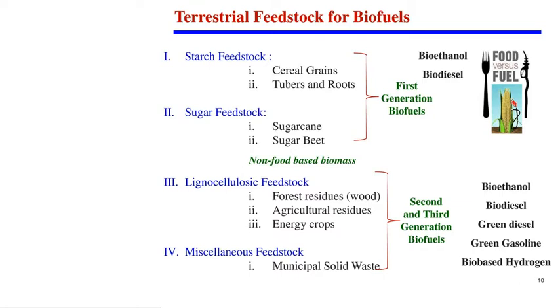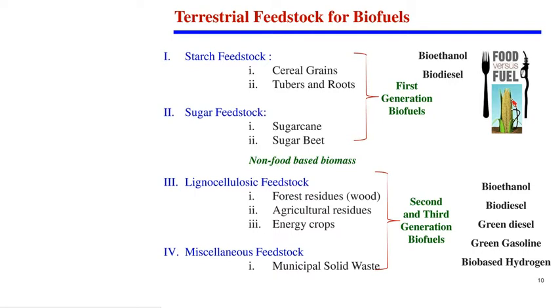Because if we start using these items for making biofuel, we end up increasing the food cost. That's a big challenge. So the next generation, second and third generation biofuel, are being made from forest residue like woody material, agriculture residue like rice stover and wheat stover, or energy crops. Energy crops are the crops which you grow just for the use of energy.